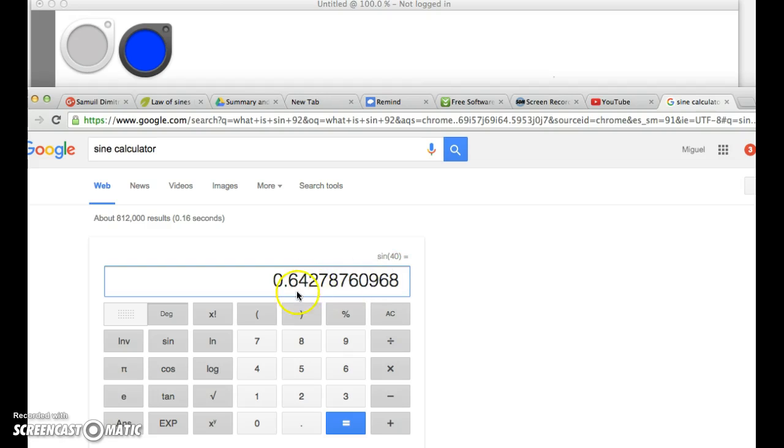Okay guys, look at this. It says here the sine of 40 is 0.74, and I don't really believe that's right because it seems a little bit too high, because the sine of 30 is 0.5 and it's just a little bit more.